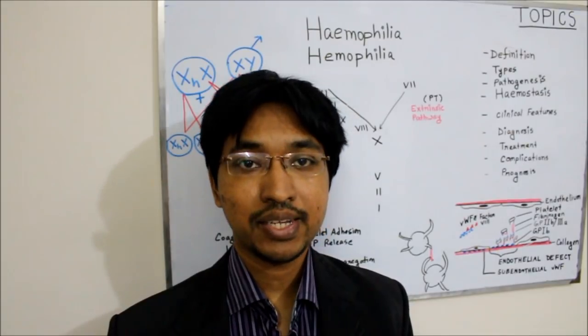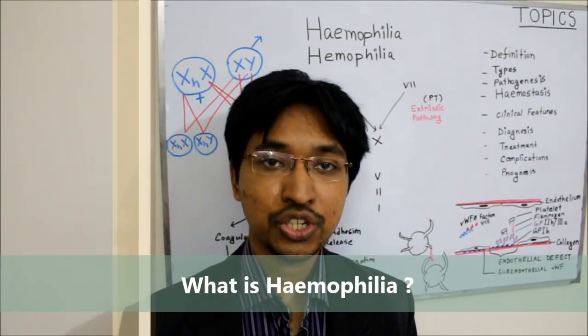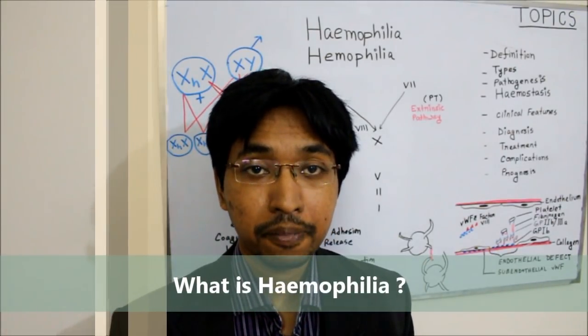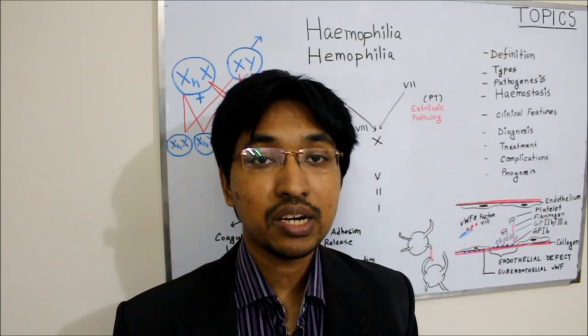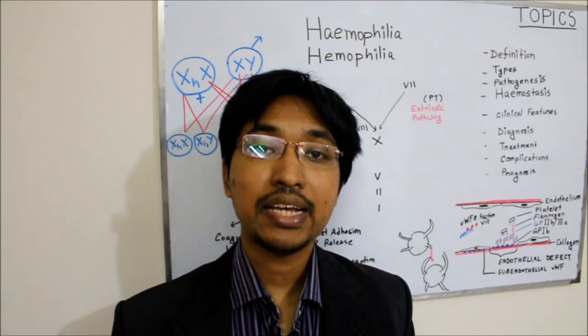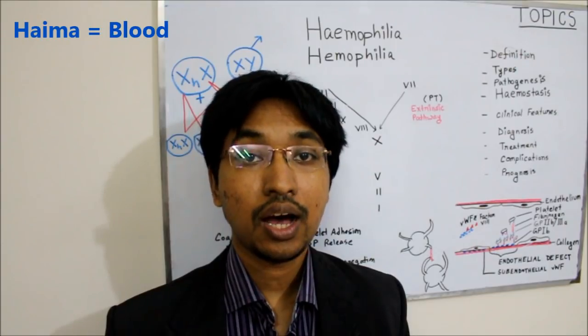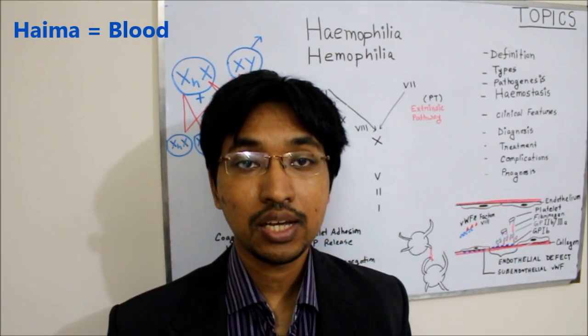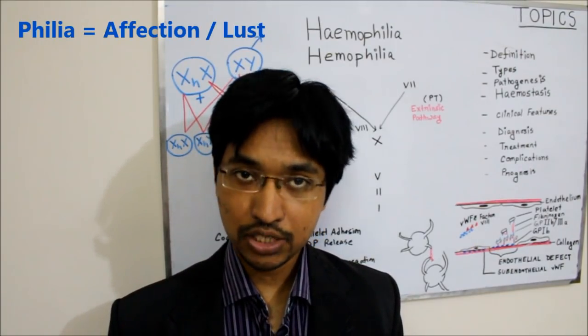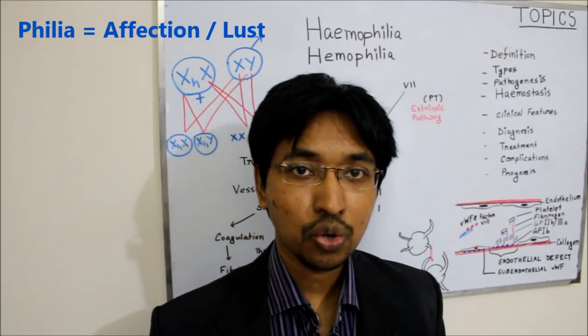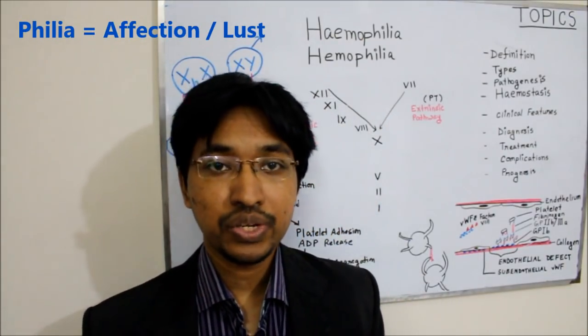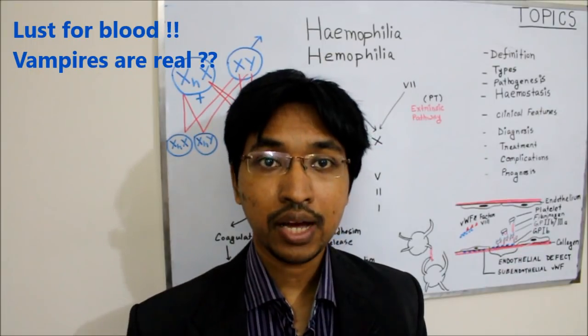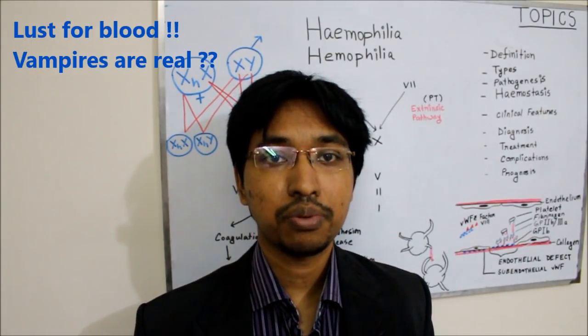Okay, so let's begin. First question, what is hemophilia? The word hemophilia was derived from two ancient Greek words, haima, that means blood, and philia, that means affection or lust. So, the literal meaning of hemophilia is affection for blood or lusting for blood.